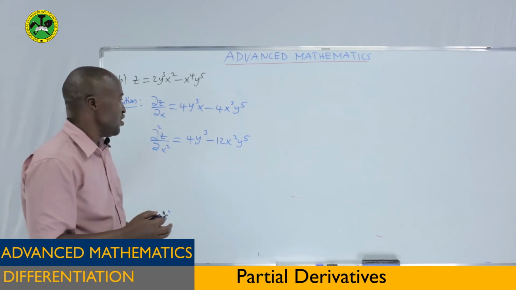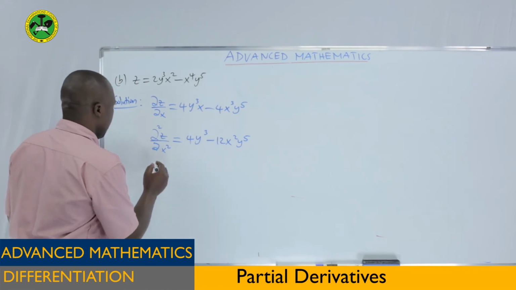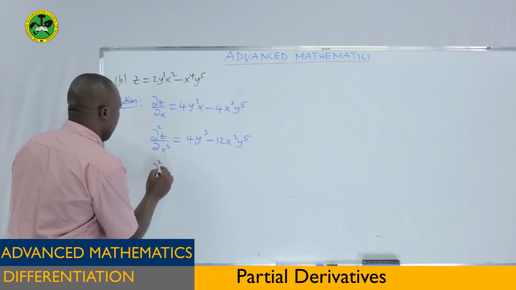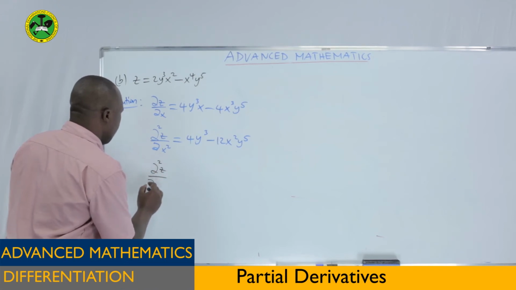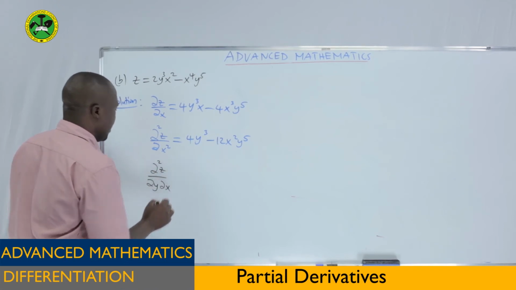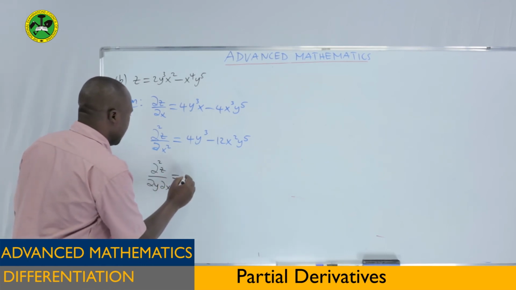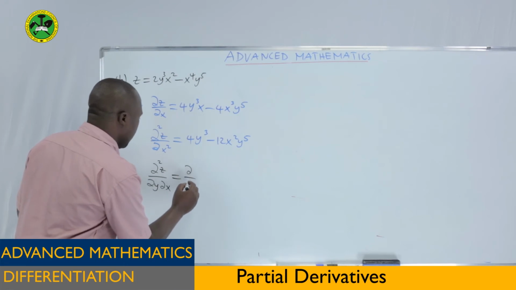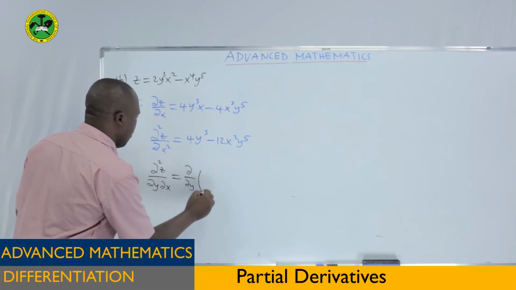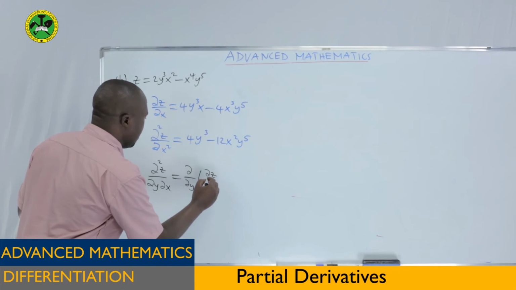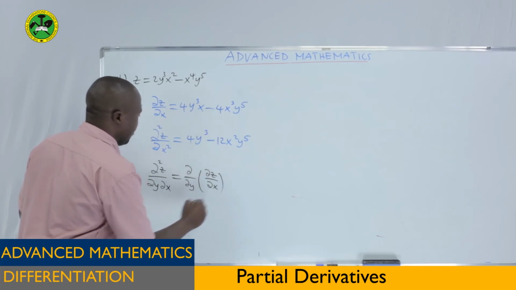So again, we continue with the second order partial derivative of z with respect to y and x. But I'm sure you remember, this one can be written as the partial derivative with respect to y of partial derivative of z with respect to x.